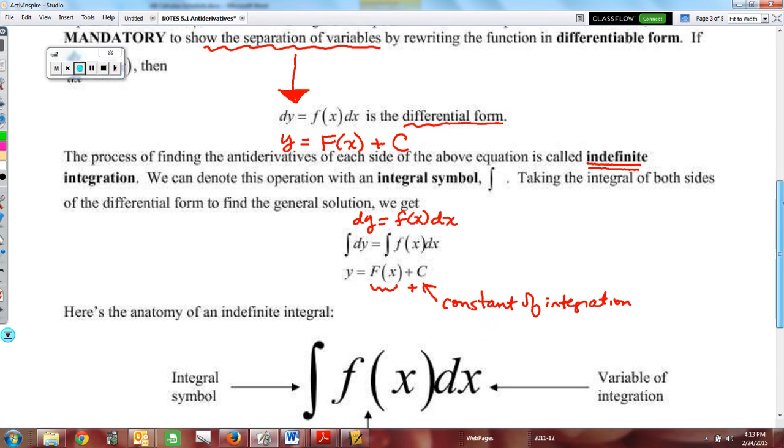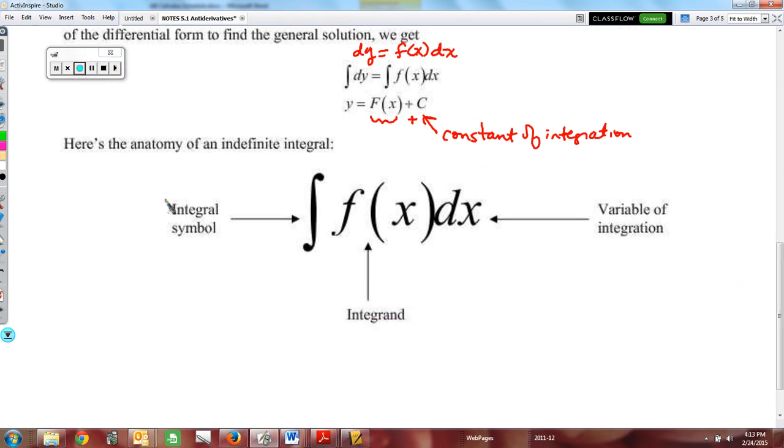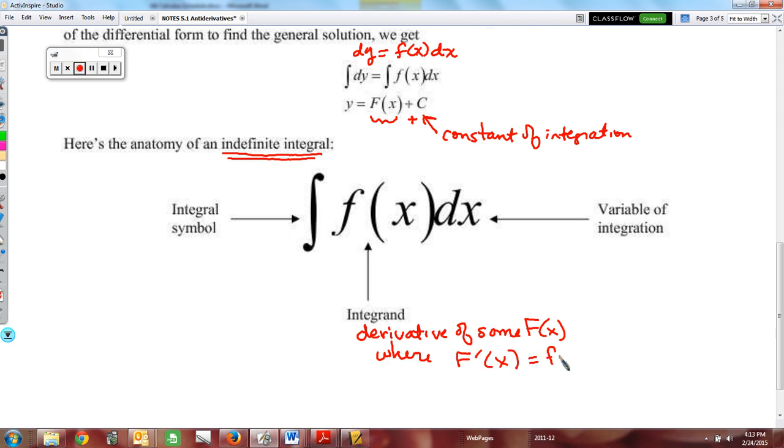So when we talk about notation, this is the anatomy of your indefinite integral. It always requires an integration symbol. It requires that you have your integrand, which is your derivative of some f of x, where f prime of x equals f of x, right?